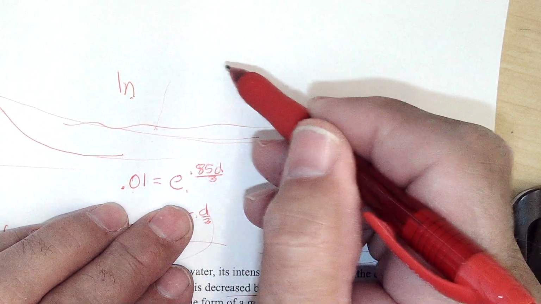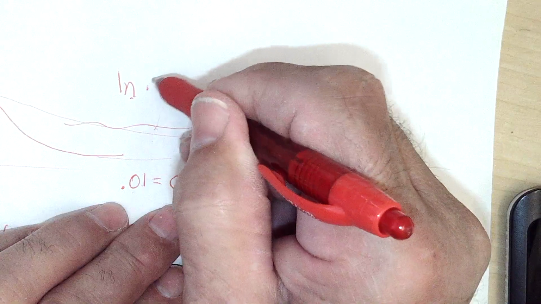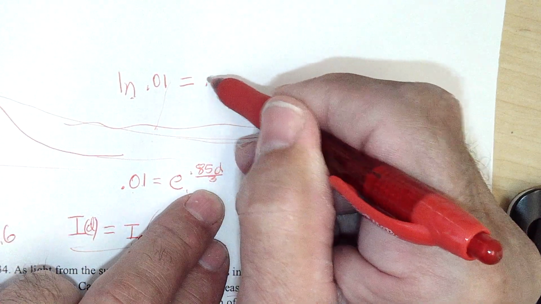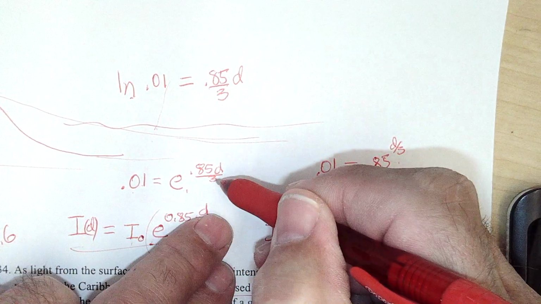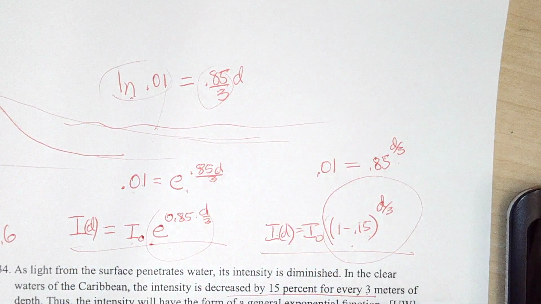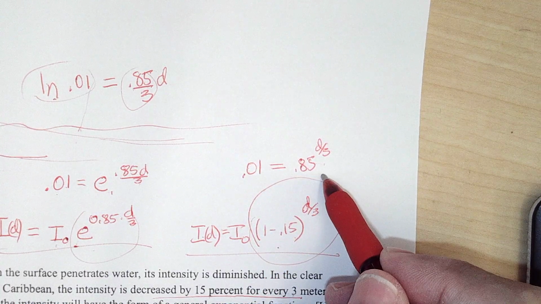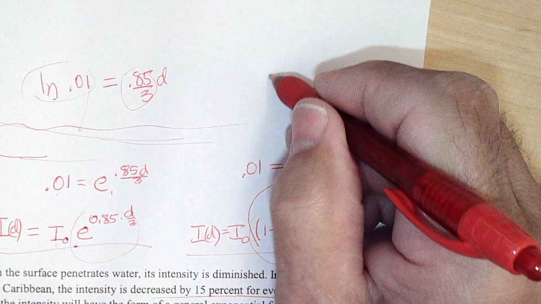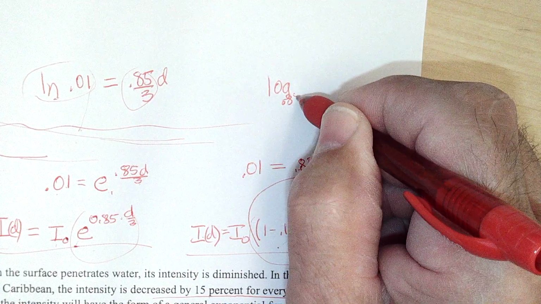This is the power, or this is the power, and we're solving for it, of 0.01 equals the power, 0.85 d over 3, and I'm going to put it just under there. So this divided by that is one possible answer, or in this model, the base is 0.85, so log 0.85.